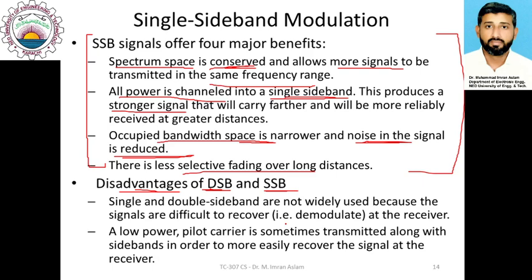That's why in most cases DSB and SSB are not commonly used, because of this requirement of complicated receiver circuitry. Sometimes we use a pilot carrier, which is a low power carrier, to provide the phase recovery information at the receiver side.